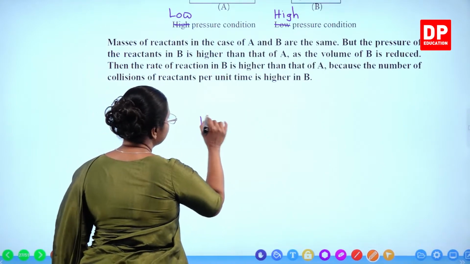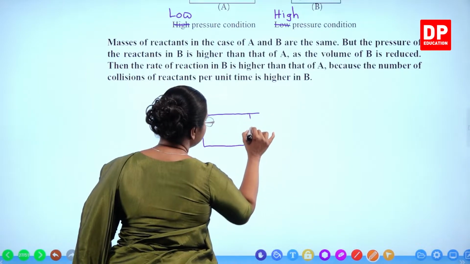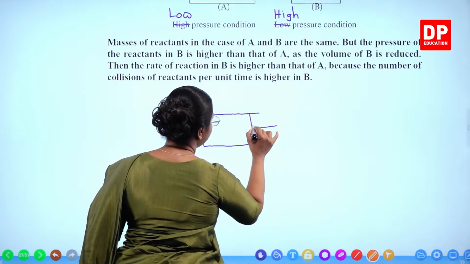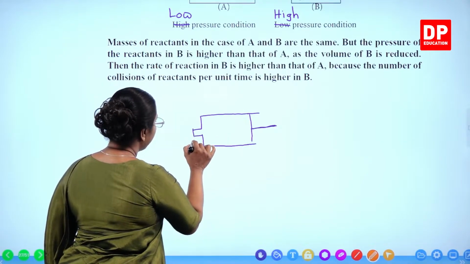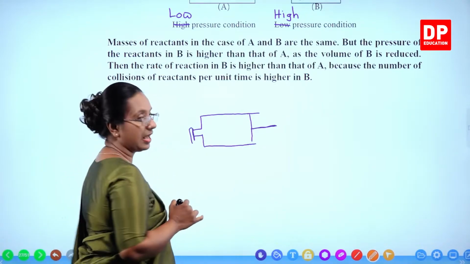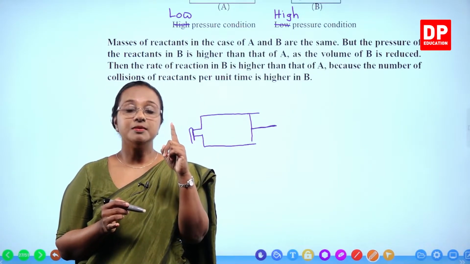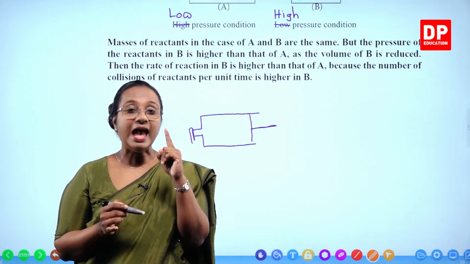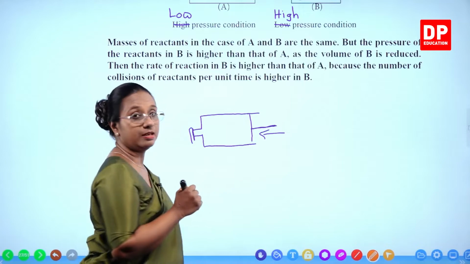We took a piston. We take a piston and we have air in it, right? You can place a finger on the opening of the piston and then push the piston inwards.